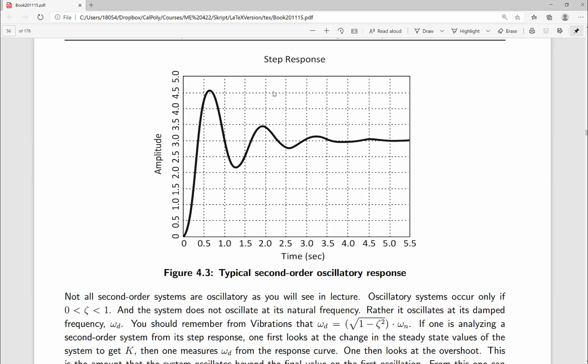If you're trying to go from one temperature to another and you had a lot of overshoot, you could increase the temperature to a point that you were melting things or damaging something because the temperature got too high. This often happens with second order systems.